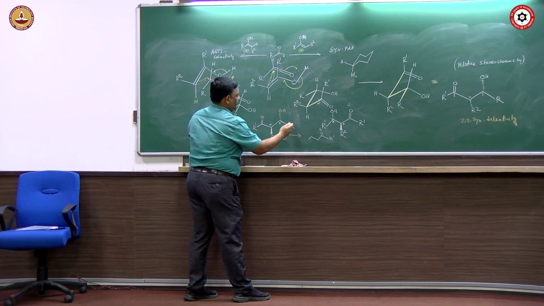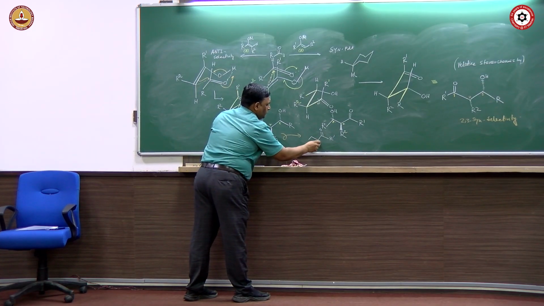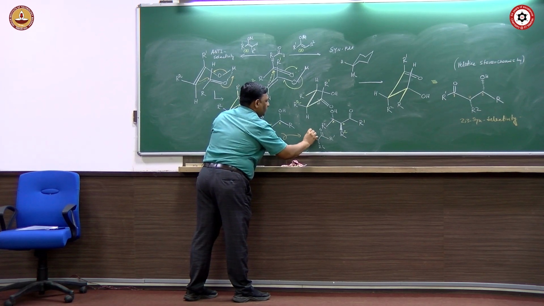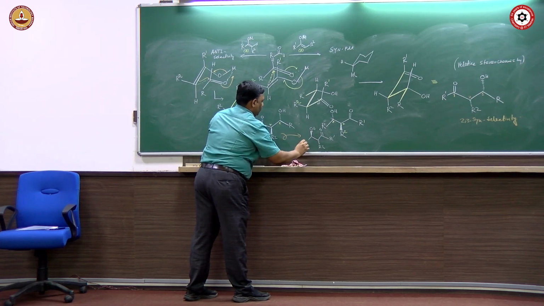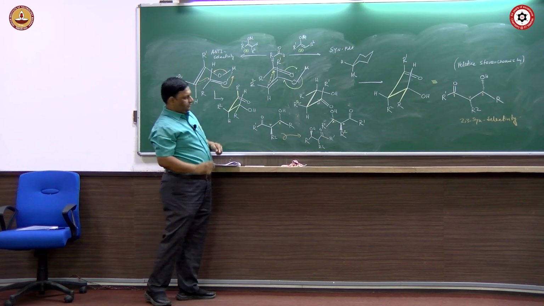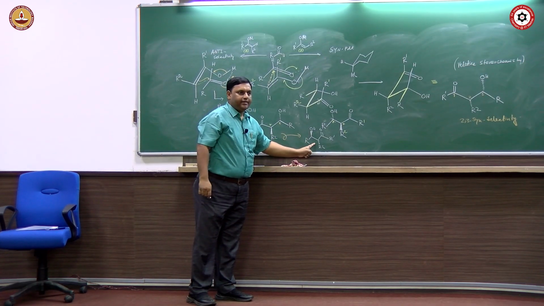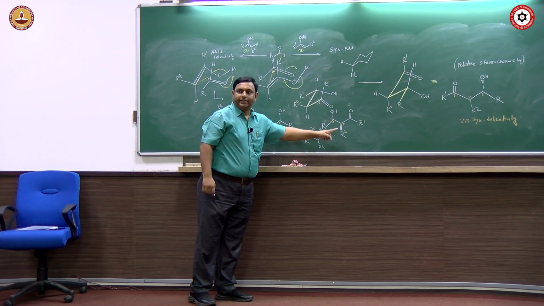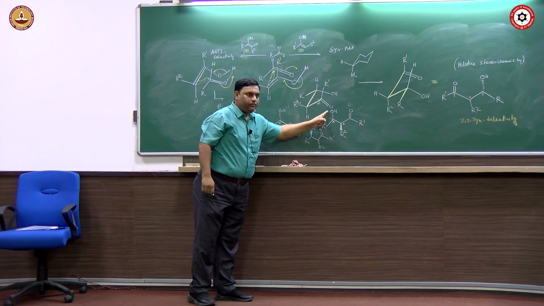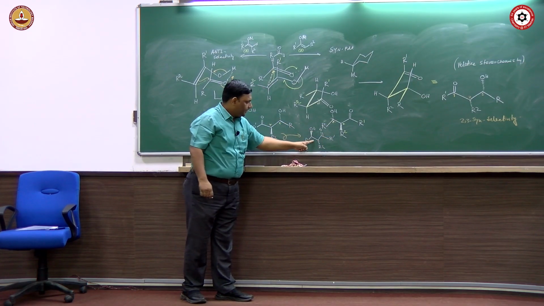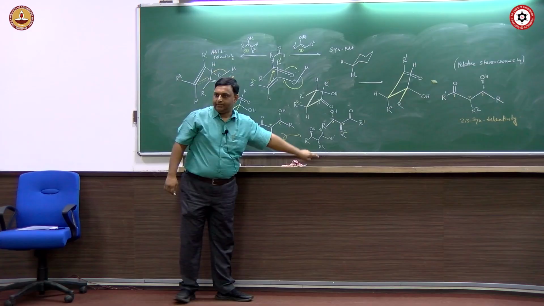Then when this goes there, R2 will be the downside. This one would be the upside and then R1. You see, in this case, this is also anti, this is also anti, but in this anti, this is down, this is up. In this anti, this is up and this is down.